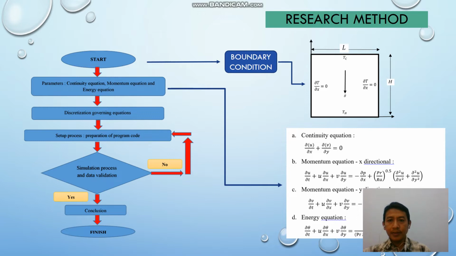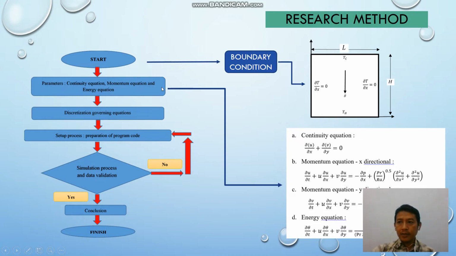So, this is the research method. First, we specify the boundary condition. As shown in the image, a closed square field where the right and left sides are adiabatic, the lower side is giving heat and the upper side is giving cold.